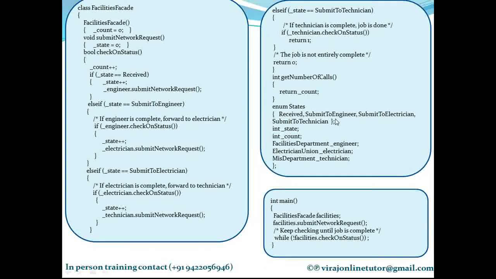So state becomes submit to engineer, and to the engineer object I call submit network request. So engineer object, electrician object, technician objects are data members of the Facade class. Since I have received, I am incrementing the state. So state becomes submit to engineer, and I am actually submitting it to an engineer.